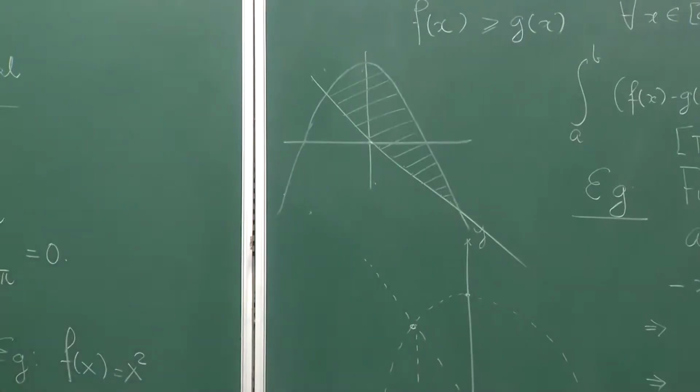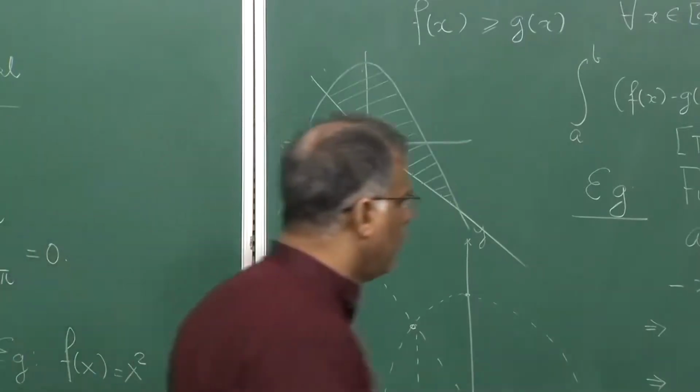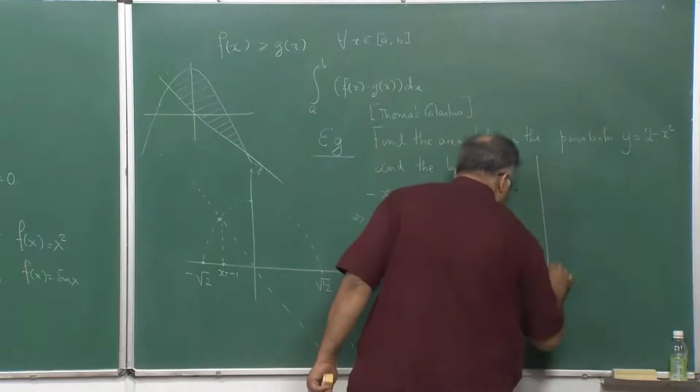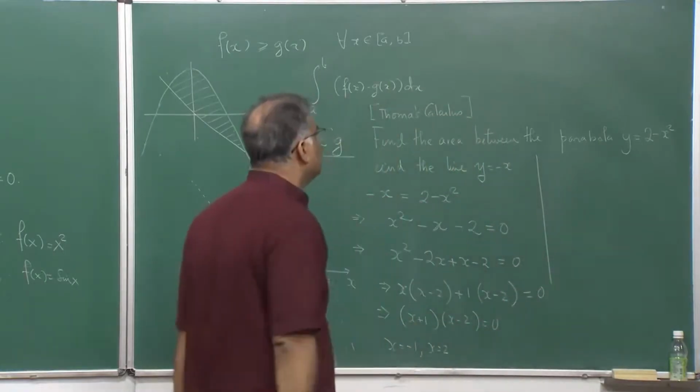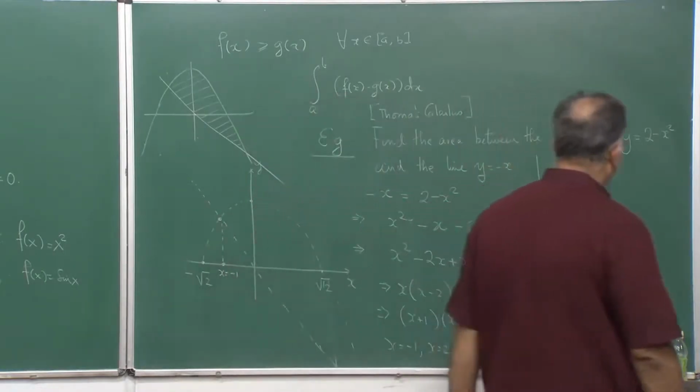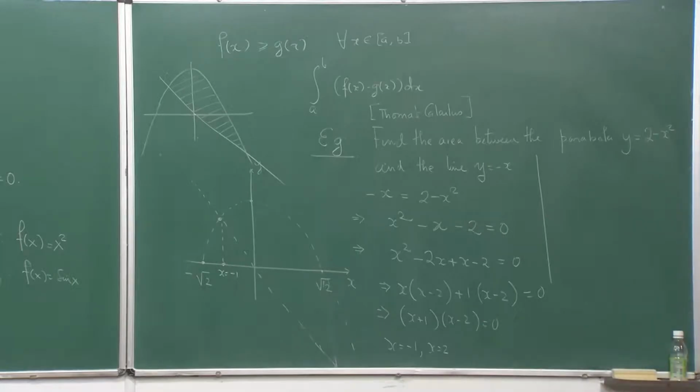So, what we will now do? Our tool is very simple. So, f is 2 minus x square and y is minus x. So, it is 2 minus x square minus minus x.